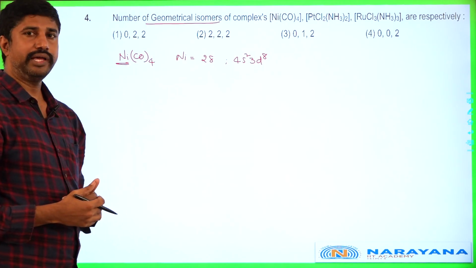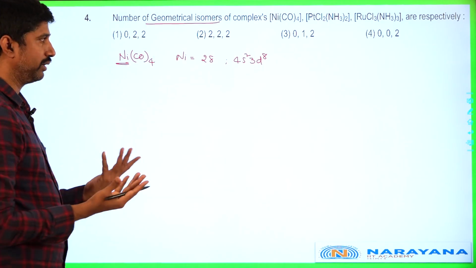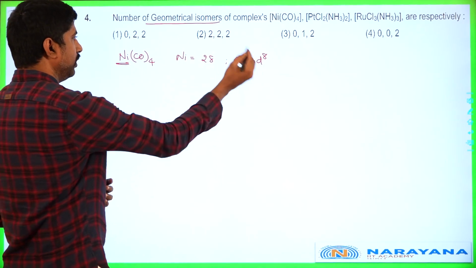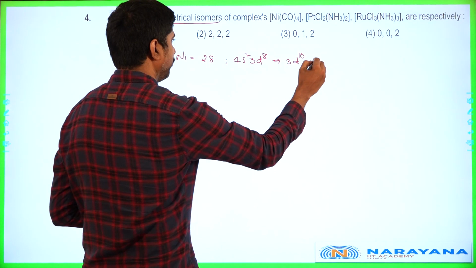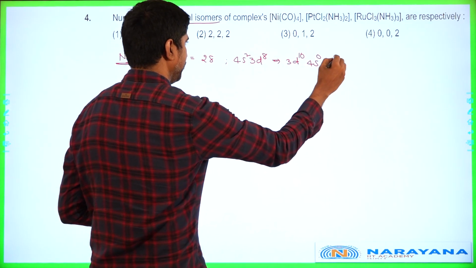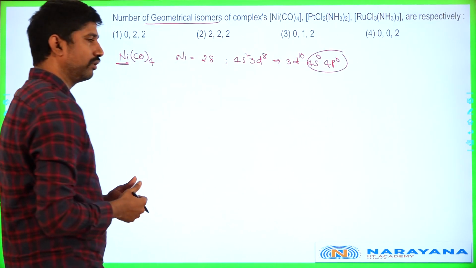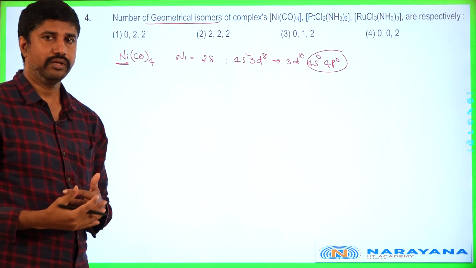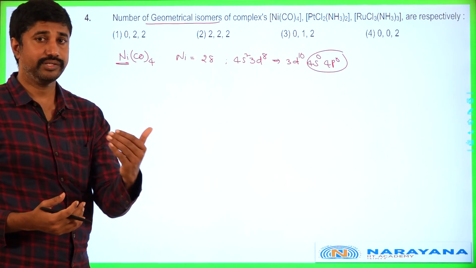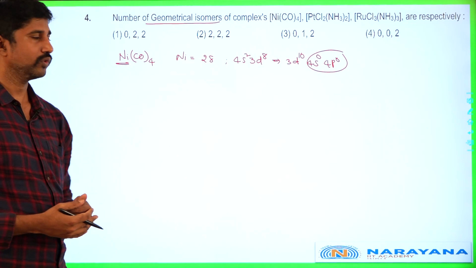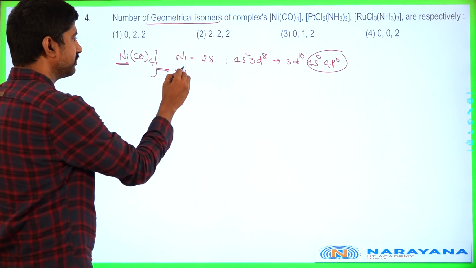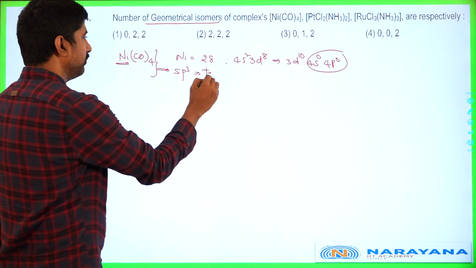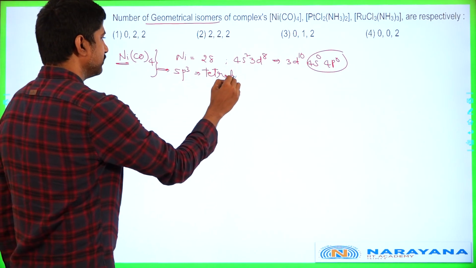Because of the strong field ligand carbon monoxide, there might be a chance of abnormal pairing, so that this configuration will now become 3d10 and 4s is completely empty. So, 4s and 4p are completely free, and so the hybridization will be sp3. So, in nickel tetracarbonyl, the hybridization is sp3 and the shape of the molecule is tetrahedral.